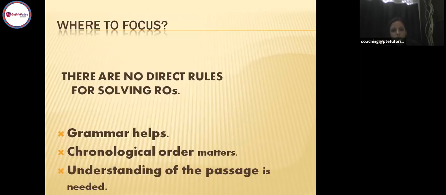Next, equivalent to grammar, is understanding of the passage. If we are not reading anything with understanding, then it will be a problem.